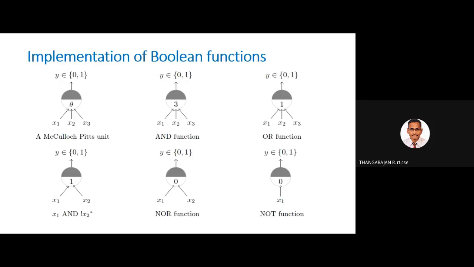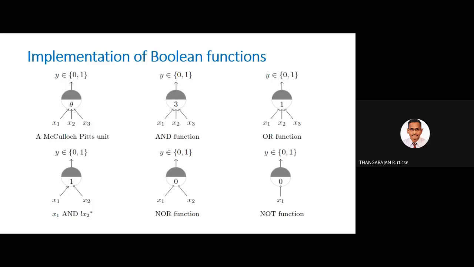Similarly here, OR. So in OR, you know the function of OR. OR says if any one of the inputs is 1, then output is 1. Okay. If all inputs are 0, output is 0. So in that case, it is the same neuron, but I change the threshold to 1. So you see now here, when any one of the inputs is 1, it meets the threshold requirement and the output becomes 1.